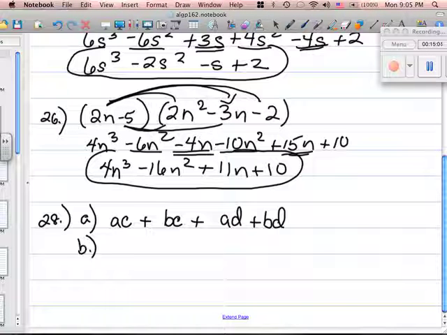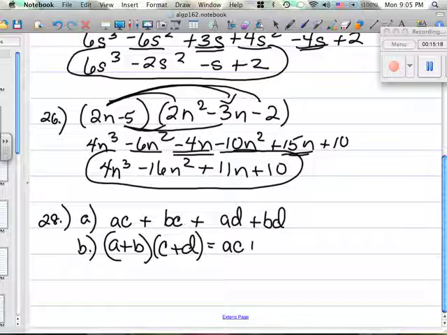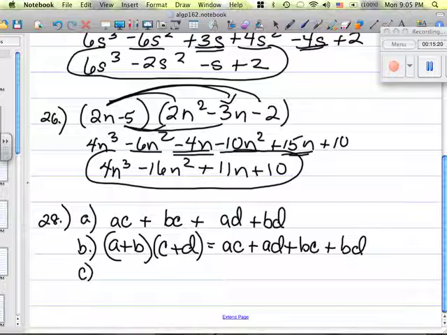Now if we take the area of the larger rectangle and find its length is A plus B, we're going to times it by C plus D. And we would use FOIL, and we would get A times C first term, outer term A times D, inner term B times C, and last term B times D. And if we compare the two of them, we can see they are the same.